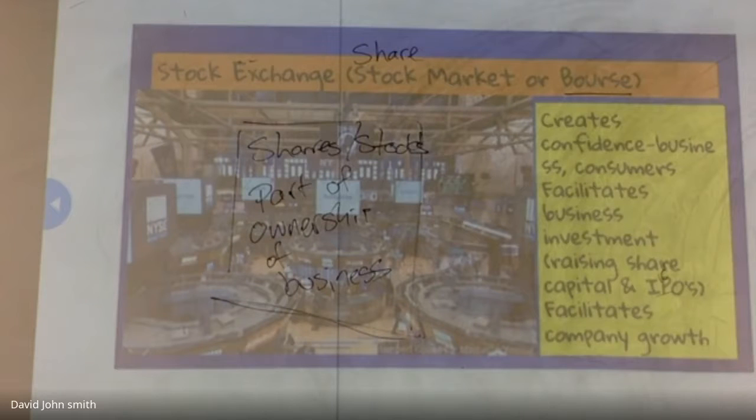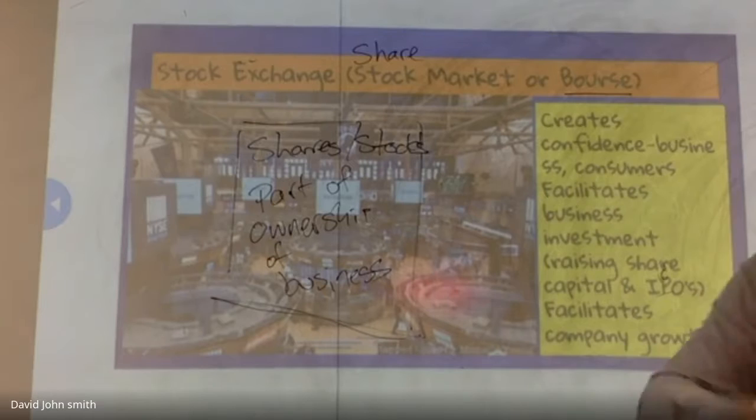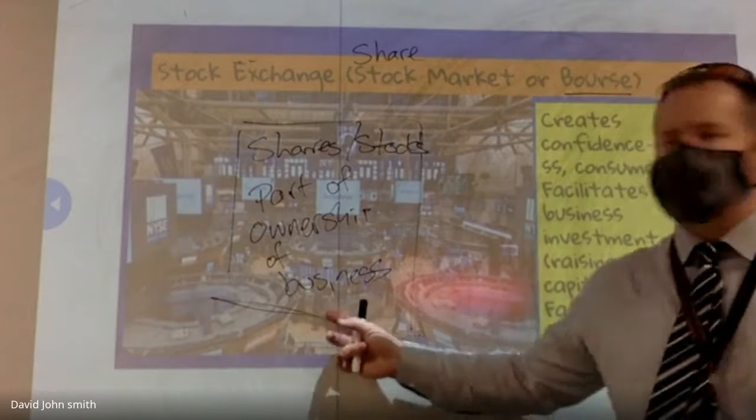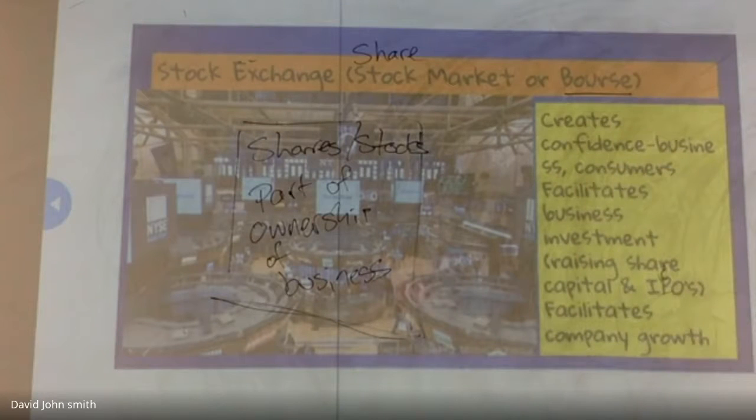Businesses figured this out hundreds of years ago. They worked out that if they wanted to raise money in order to expand their business, they could sell part of the ownership of their business to other people. And those people would be able to make a return on that investment, potentially in the future, and maybe also by selling those shares, make another return.